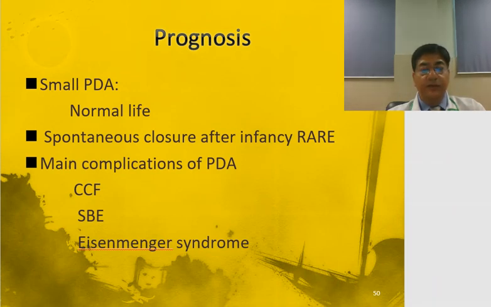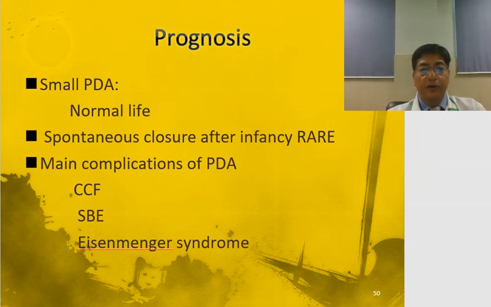VSD is a commoner defect, and there are different sites, and the clinical presentation depends on the shunt from the left chamber to the right side. It may present incidentally with a murmur if the defect is small, or with repeated chest infections or attacks of congestive heart failure.